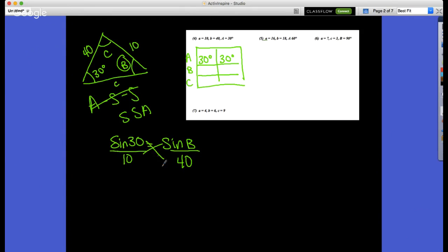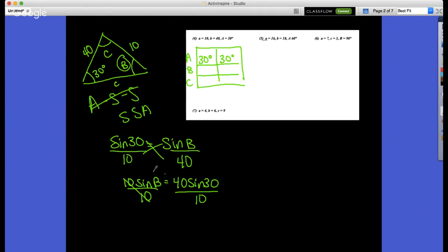So let's cross multiply to get 10 sine of B equals 40 sine of 30. Divide by 10, divide by 10. And once I do that, remember, I'm going to have to take the sine inverse because it's sine of B on that left side. So I've got to try to figure out how to get that sine of B not attached to that.